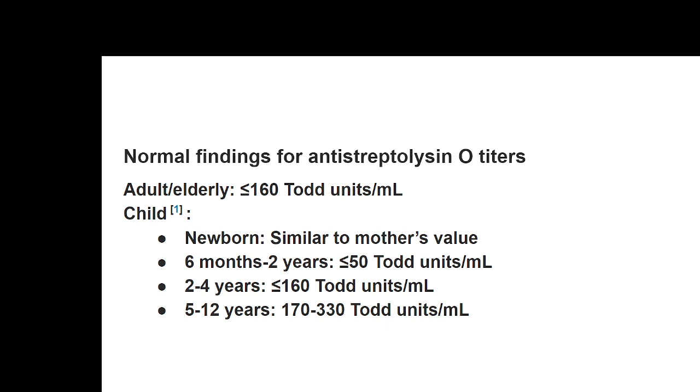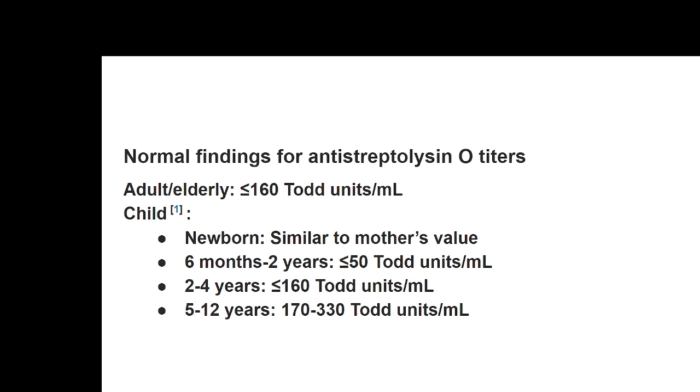Having a moderately high level of 170 to 330 ASO titer in the age group of 5 to 12 years is not necessarily a sign of serious pathology that requires treatment. Now, this is one of the usual errors.